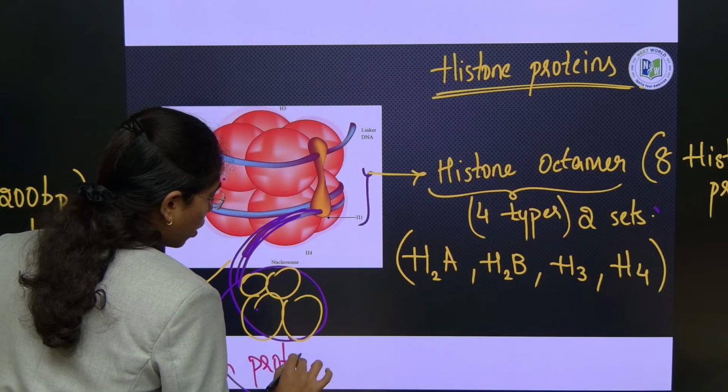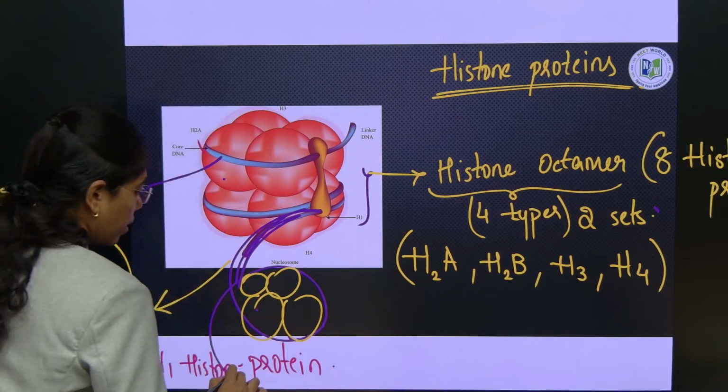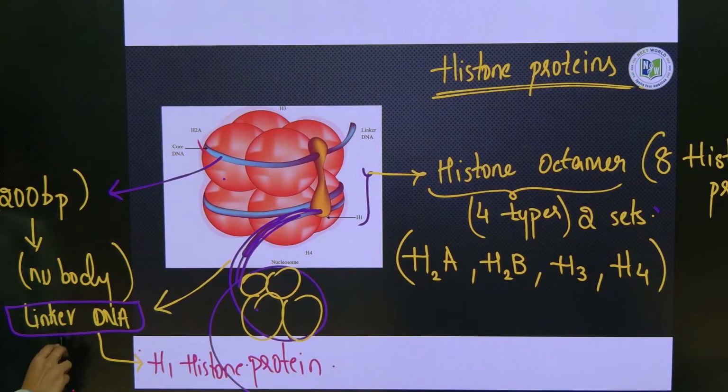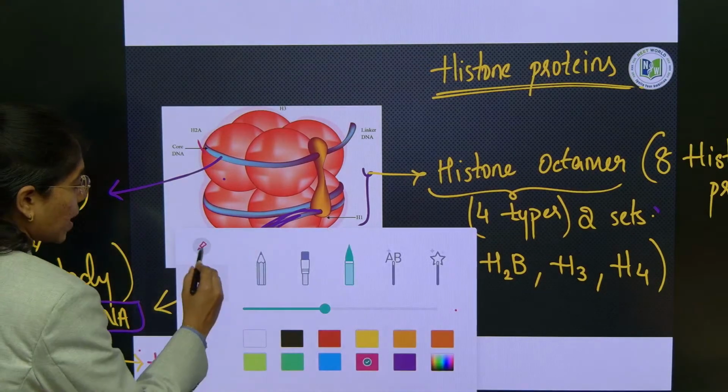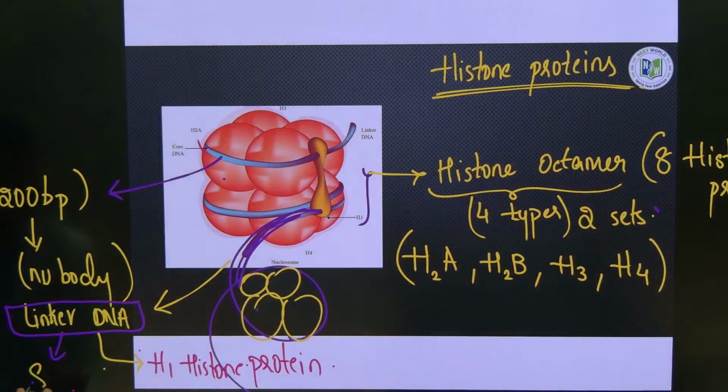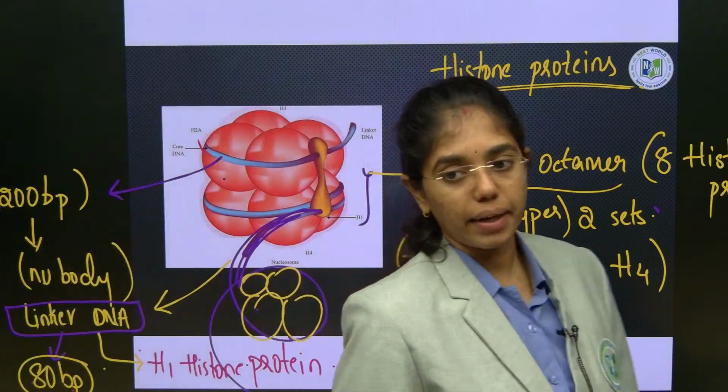How much DNA is present in linker DNA? 80 base pairs of DNA are present in the linker DNA.